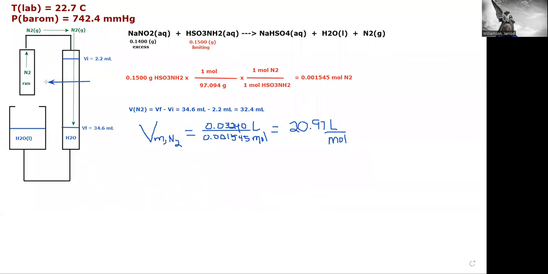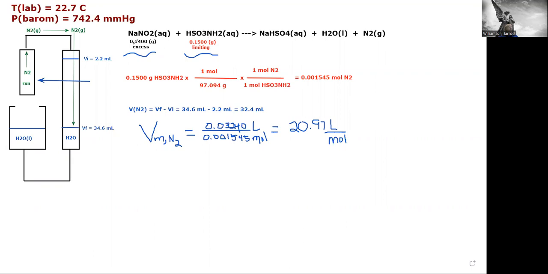In this container right there, we're going to put 0.14 grams of sodium nitrite and 0.15 grams of sulfamic acid. And I just chose the nice perfect numbers of 0.1400, 0.1500.